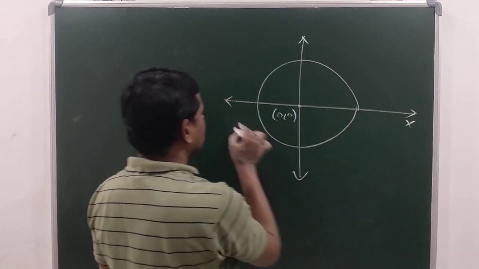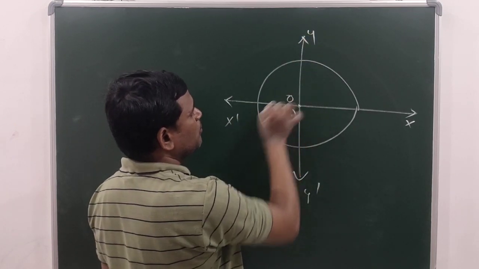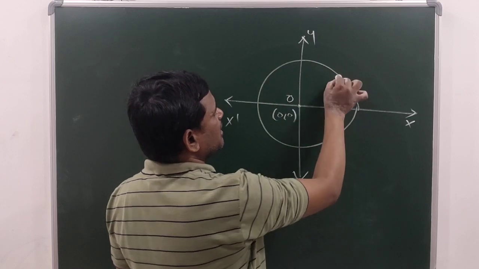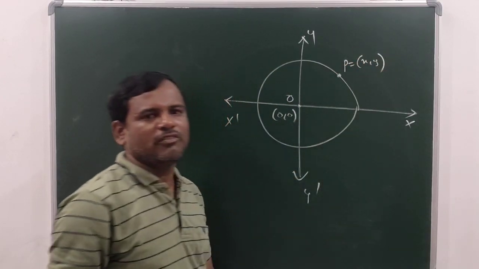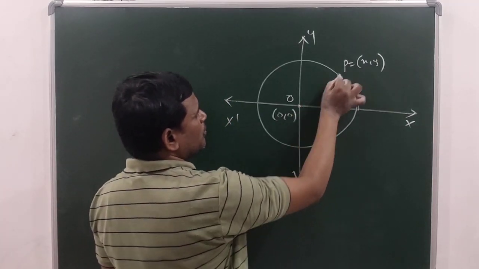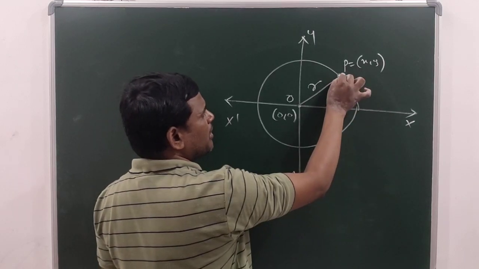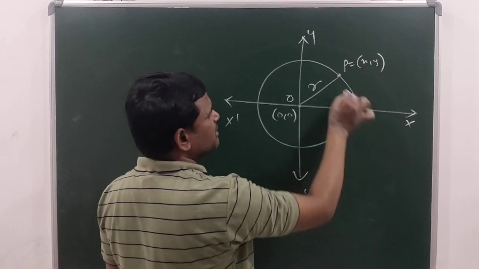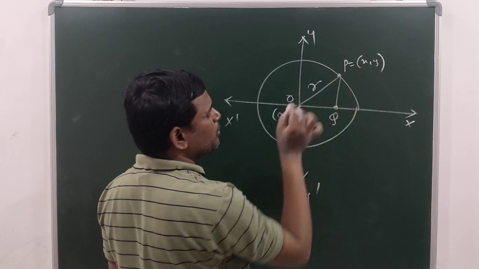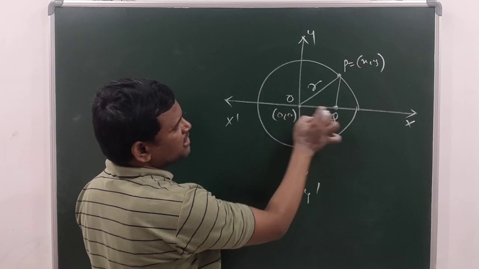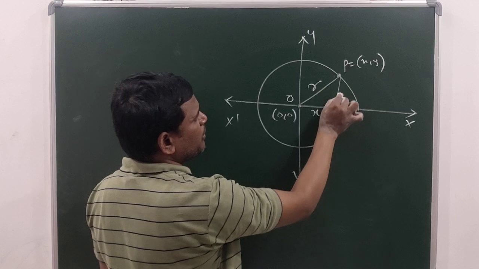This is the x-axis and this is the y-axis. Let the origin be O. Now on this circle, consider any one point P whose coordinates are x comma y, and let the radius be r. Now drop an altitude from P to the x-axis, which meets the x-axis at one point, let it be Q. So the distance from O to Q is x, and from Q to P it is y.